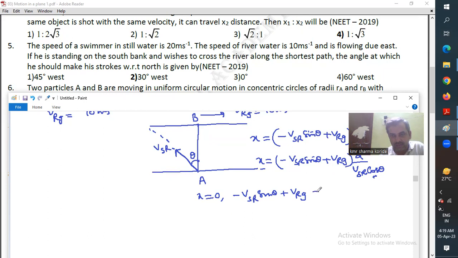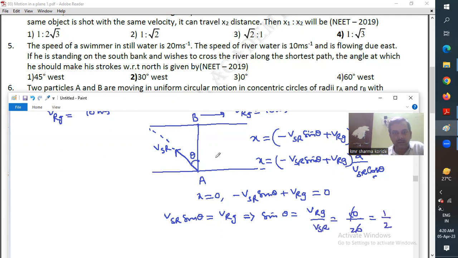So therefore, this is equal to 0. You'll get VSR sin theta is equal to VRG. Then sin theta is equal to VRG by VSR. VRG is given as 10, VSR is given as 20. So this is going to be 1 by 2.